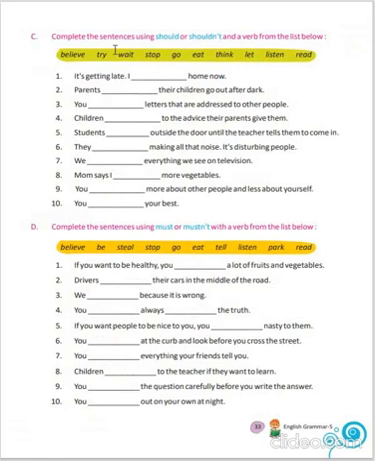Inder switched on his computer, but it would not work. Now the next exercise: you have to complete the sentences using should or shouldn't with a verb. It's getting late. I should not wait at home now. Parents shouldn't let their children go out after dark. You should not listen to letters that are addressed to other people. Children should listen to the advice their parents give them.